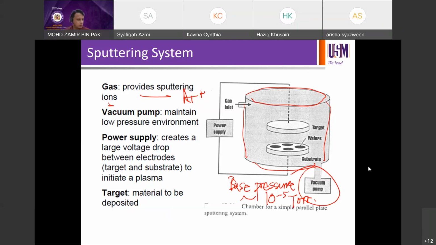Can you hear me and see me? I'm not sure if you can still hear me. Doctor can hear you. Okay. Oh, lagging, right? Suddenly there's an internet problem. I'm using USM Secure now too.